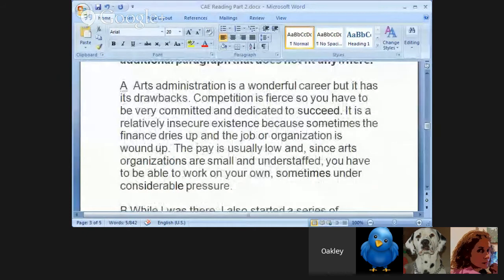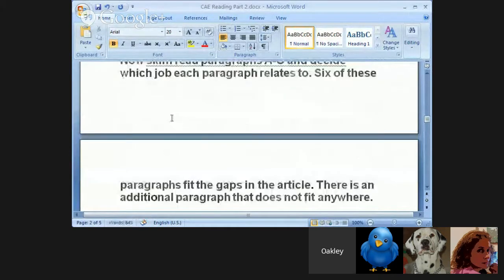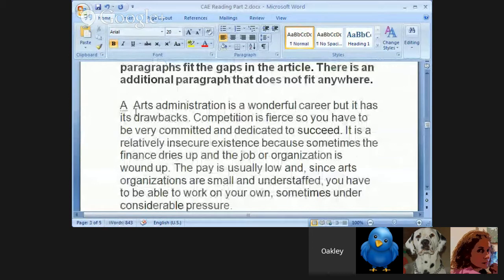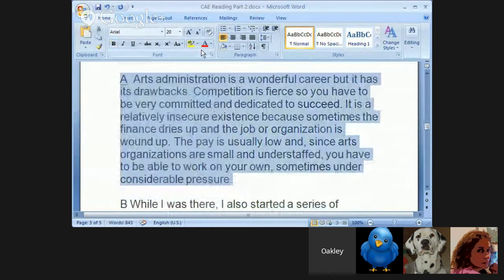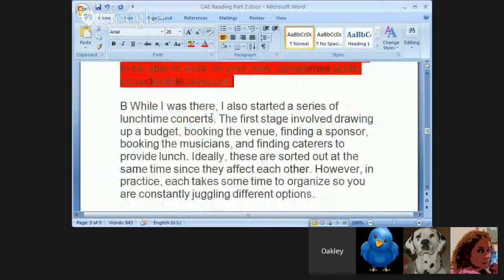The first can fit a lot of them, but 6 is clearly A. Great, we got rid of one. Make a big X through it, whatever you have to do, so you know that one's done.